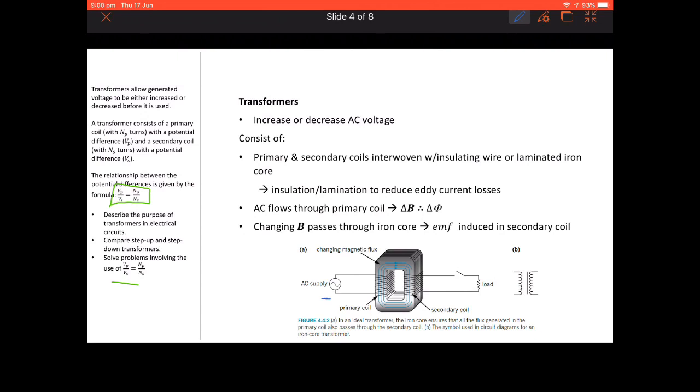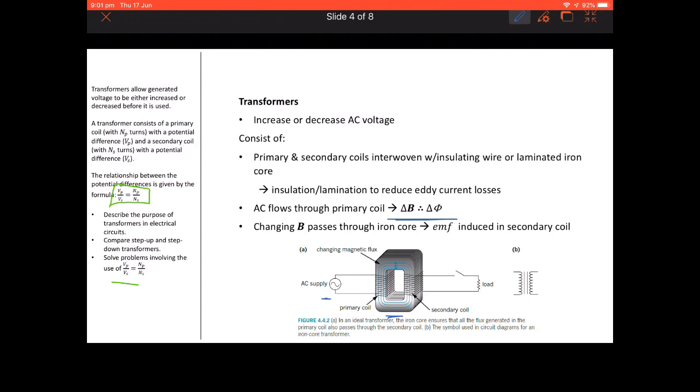So that magnetic field is constantly changing because the direction of the current is constantly changing. Because there's a constantly changing magnetic field, there's a changing magnetic flux as well. So that's what this is saying here. The changing magnetic field passes through this iron core.